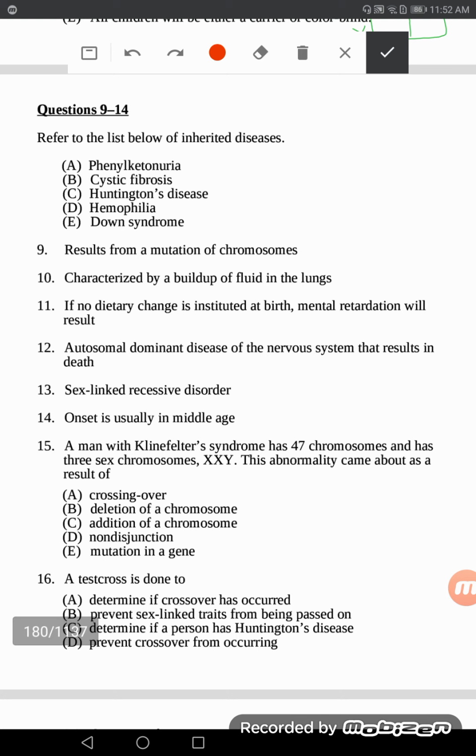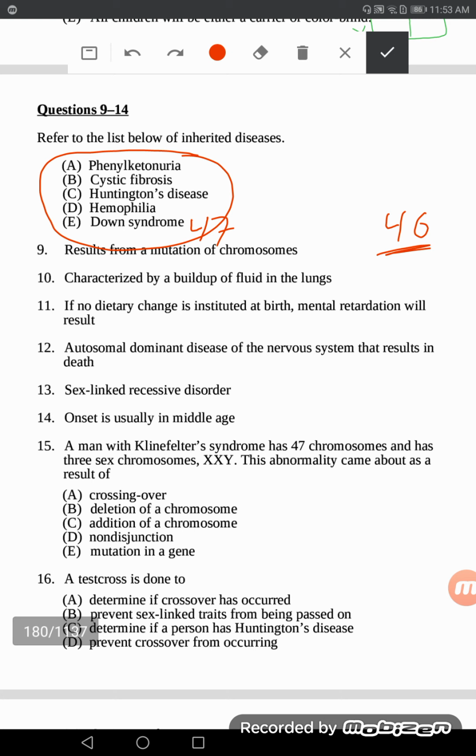So which of the following diseases has an abnormal number of chromosomes? As we know, a normal human person has 46 chromosomes. But in the case of Down syndrome, that person has 47 chromosomes, one extra chromosome.